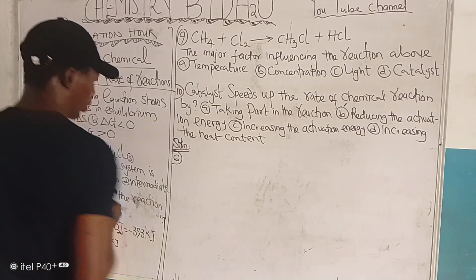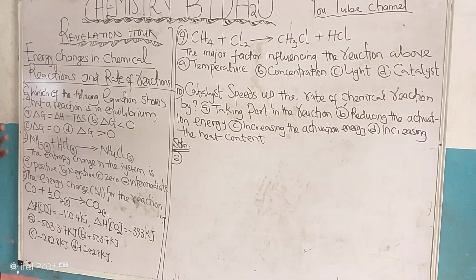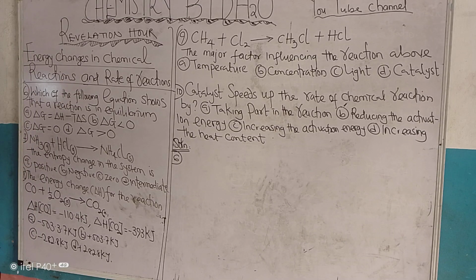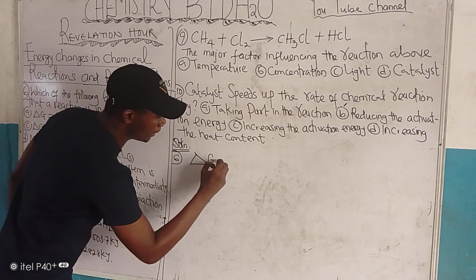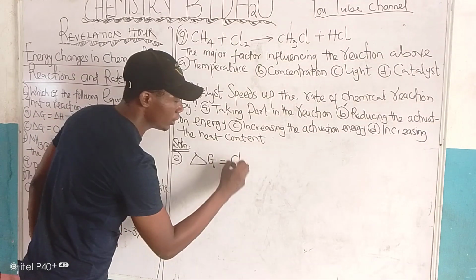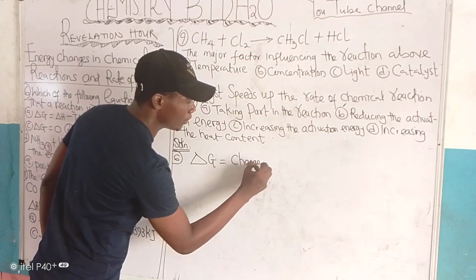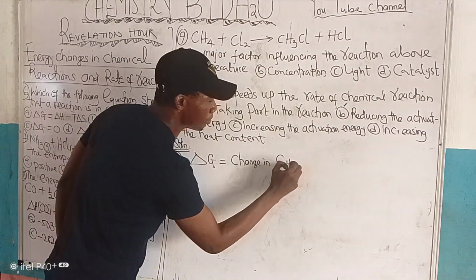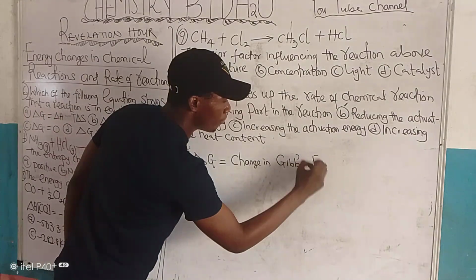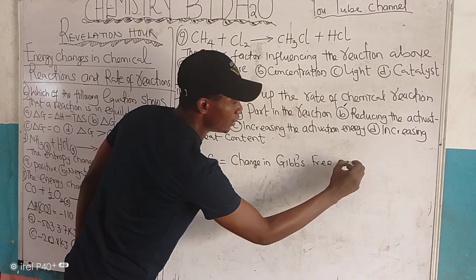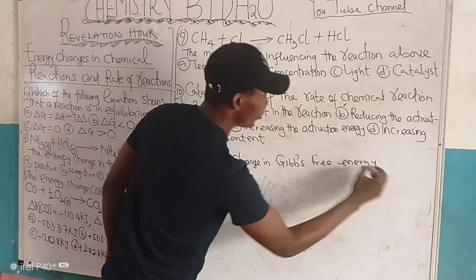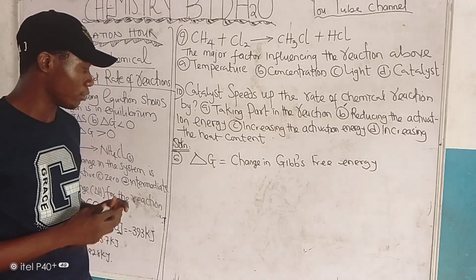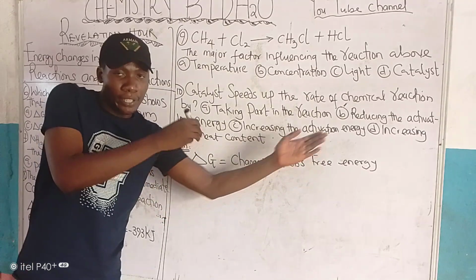Remember, there's what we call the spontaneity of a reaction. And then we were told that this symbol is called your change in Gibbs free energy. For those of you that have not seen this symbol before, when you see it in your exam, it means change in Gibbs free energy.